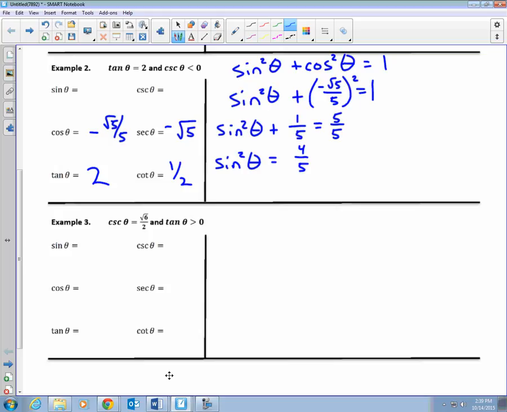Now what do you do to both sides? Square root. Take the square root of the top. I get 2. Take the square root of the bottom. So how do I get rid of that square root? And you get 2 roots of 5 over 5.